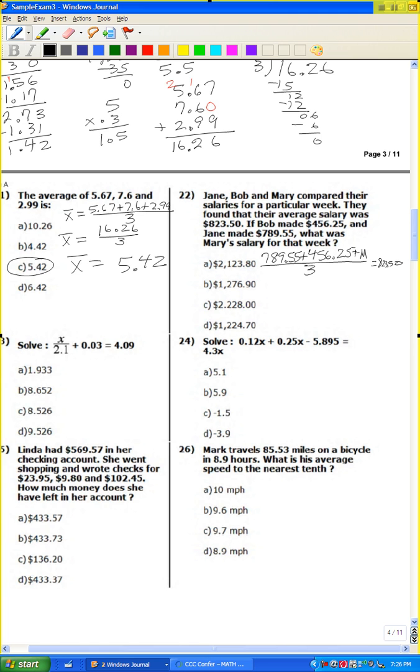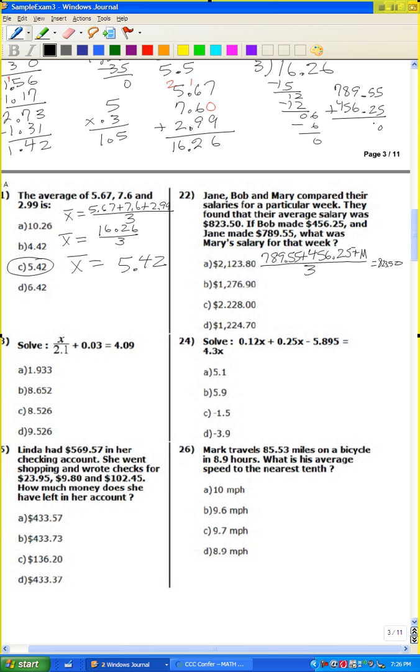And so let's add these. Let's add the 789.55 and the 456.25.